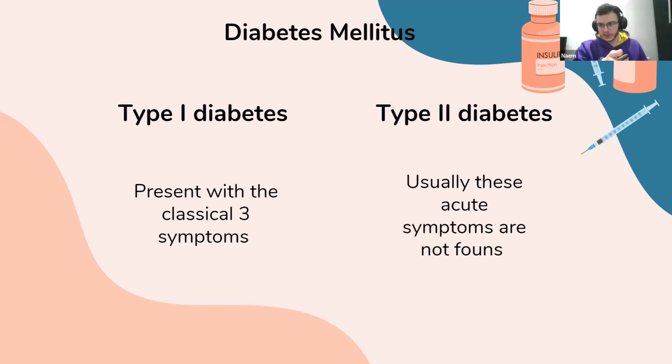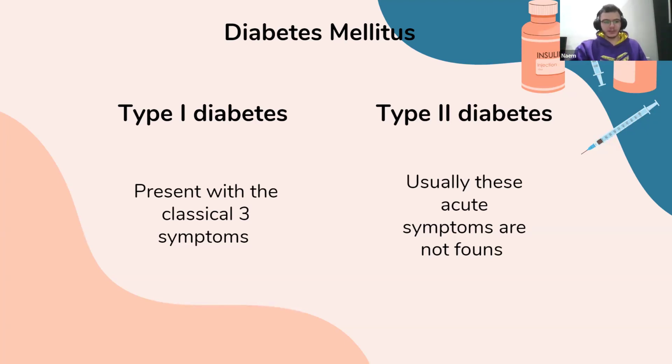Unlike type 1 diabetes, where the cells are dying very rapidly because of antibodies, so the acute symptoms appear very quickly, and it's very clear what you have. Is it clear? Now, again, these three symptoms could appear in type 2 diabetes. Remember, we said these three classical symptoms, polydipsia, polyuria, and polyphagia, appear in both types.